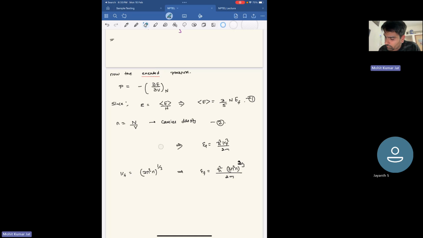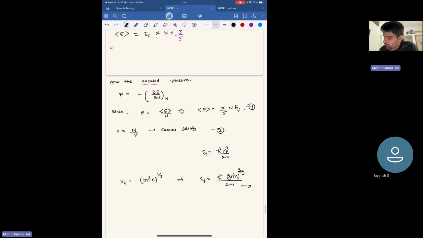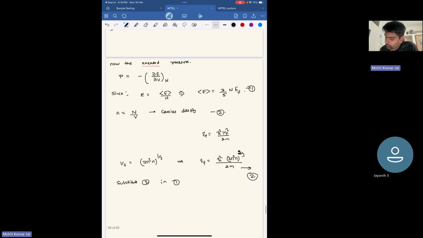Let's just substitute 2 in 1. This implies E as 3 by 5 times n times EF, which is h bar square 3 pi square n to the power 2 by 3 by 2m.